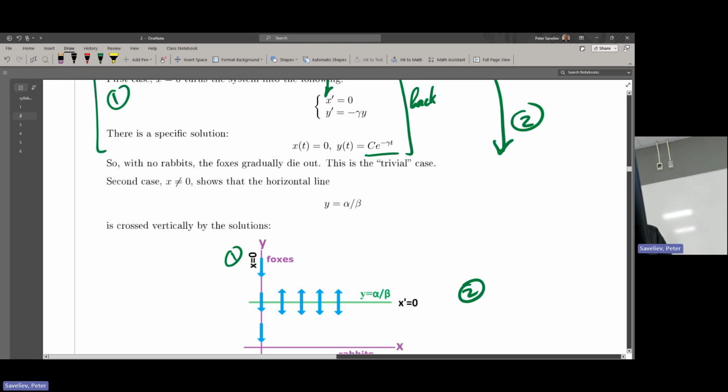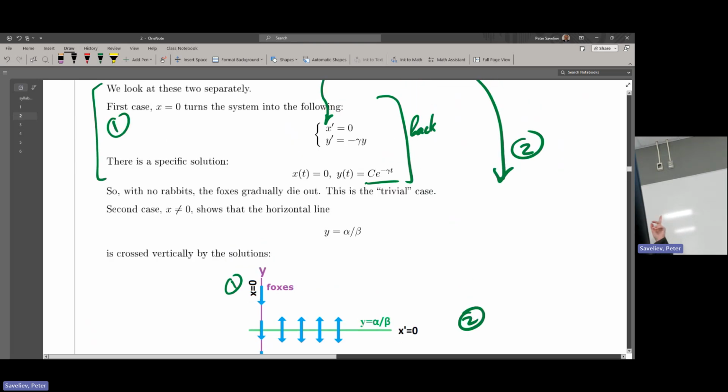And then that special point is that line can be only crossed in the vertical fashion. So it cannot cross like this, because x prime equal to 0. So x prime equal to 0, which is what the starting point is, means, well, horizontal. X prime equal to 0 means my parametric curve goes like this.